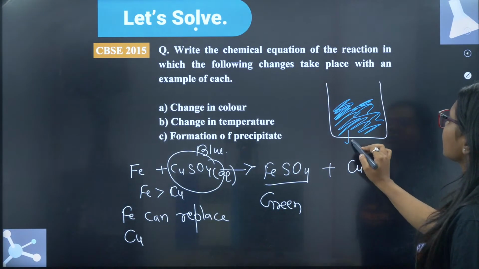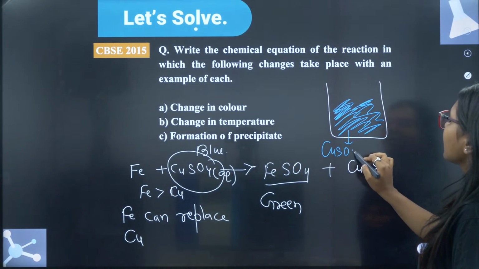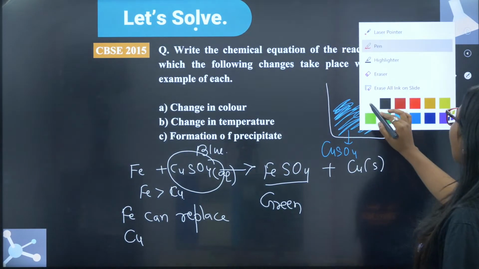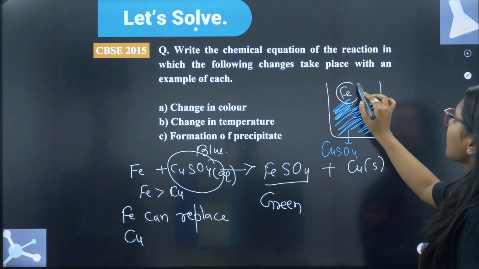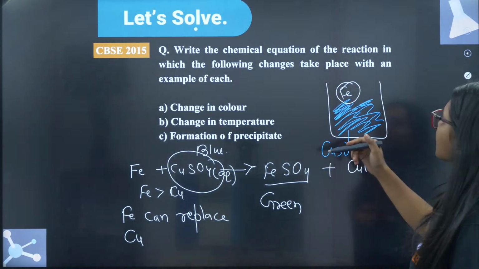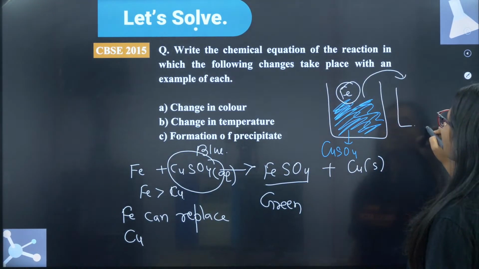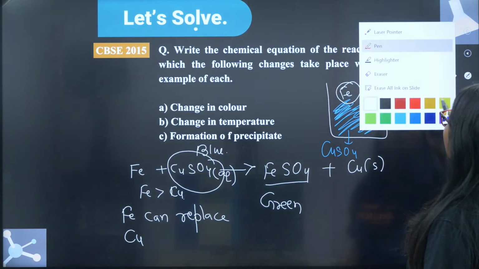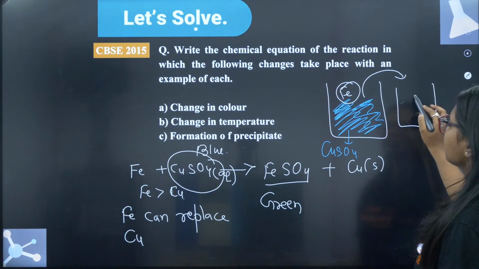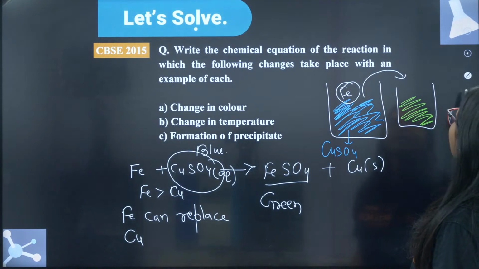Blue color means copper sulfate, right? In this you have added iron nails. Yes, this solution got changed from blue to green. Why green?